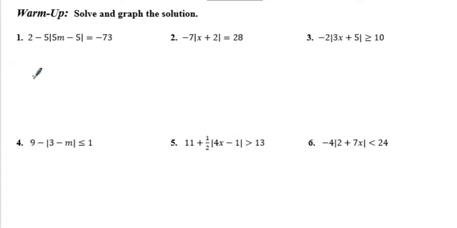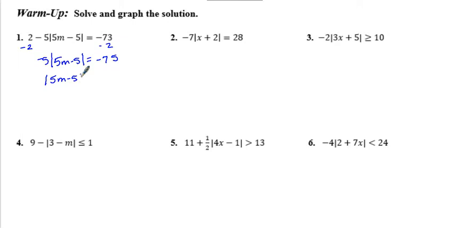Remember, the first thing we always have to do when we are doing these absolute values is isolate the absolute value portion first. So we have a couple of steps to do that in here. So we need to subtract 2 from both sides first. And then we need to divide by -5.